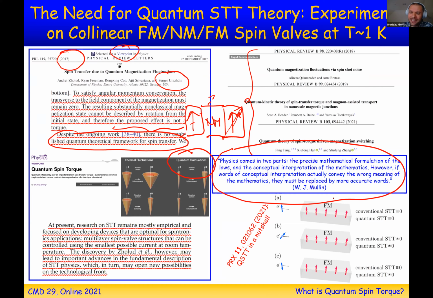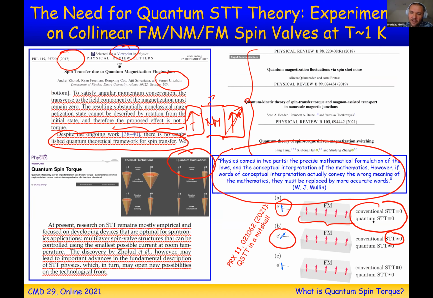And in a nutshell, what our theory says is that if you have parallel electrons hitting collinear localized magnetic moments, indeed, you're not going to see anything. If you hit with non-collinear electrons, you're going to see the standard Slonczewski-Berger torque, as I showed you a slide ago in a movie.